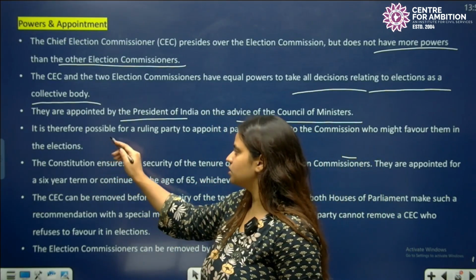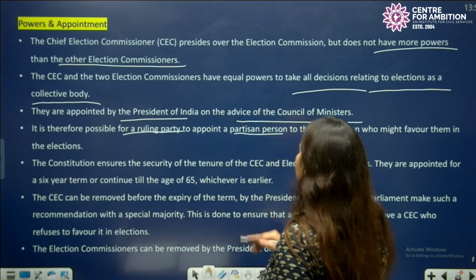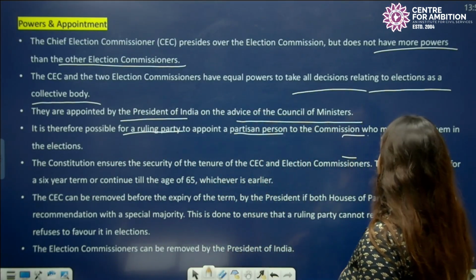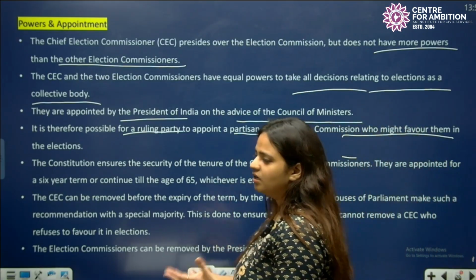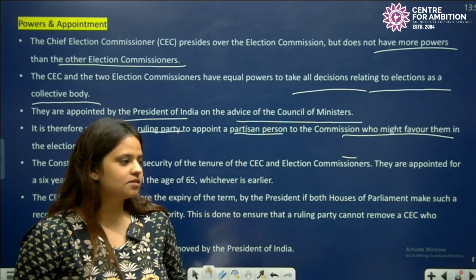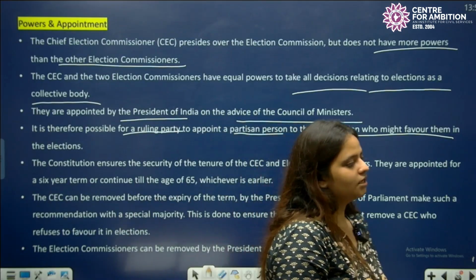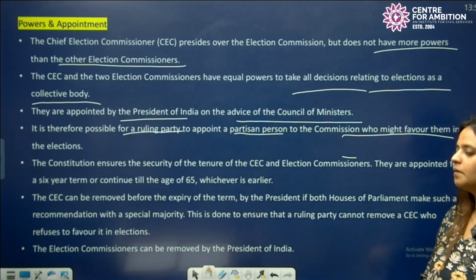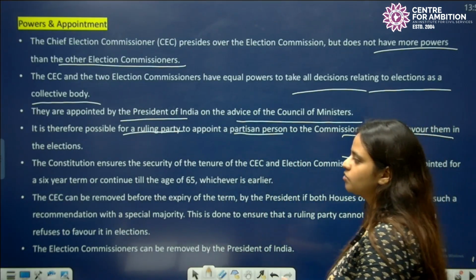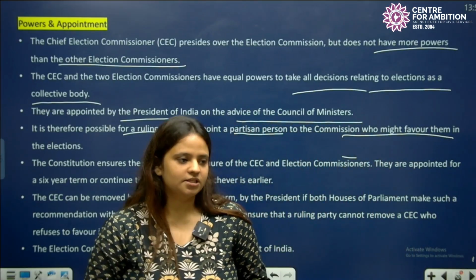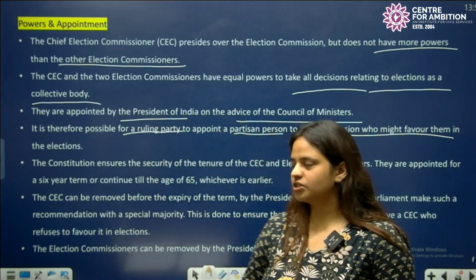There is a possibility for a ruling party to appoint a partisan person to the commission who might favor them. So it is a debate that as the head of the ruling party is also involved in appointing the election commissioner, there might be a favoritism that we see in the Election Commission.